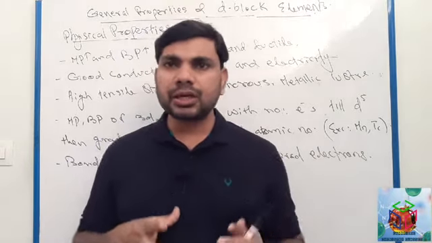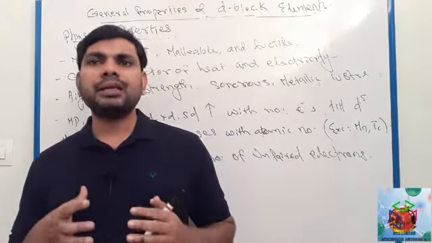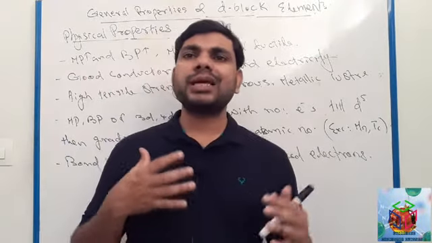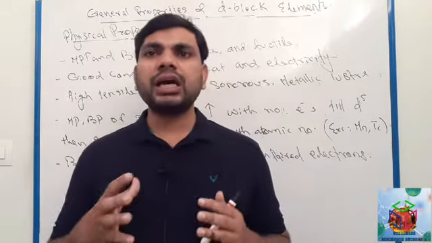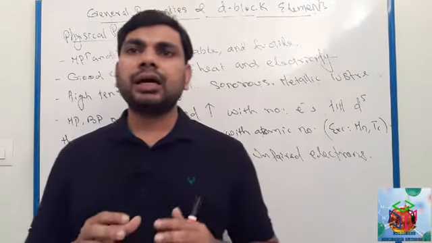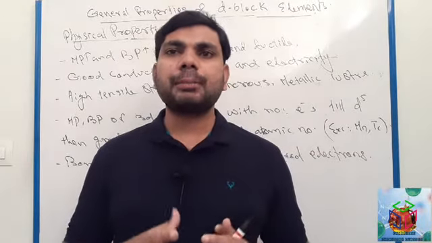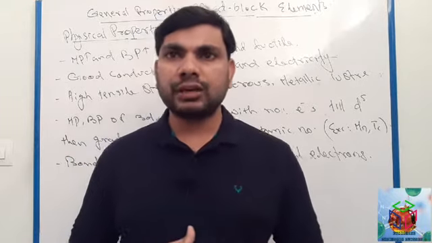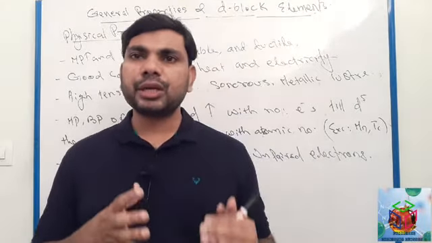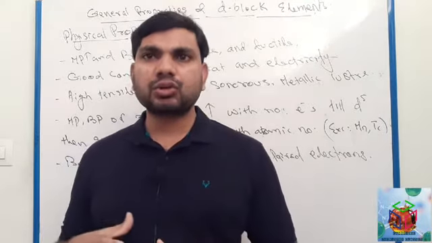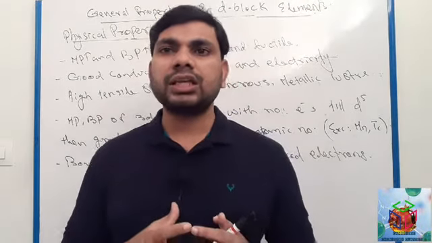We discussed that they are metals. Malleable means we can change the metal into a thin metal sheet. Ductile means we can convert the metal into thin metal wire. They are also good conductors of electricity and heat, because they are metals and consist of free moving electrons.